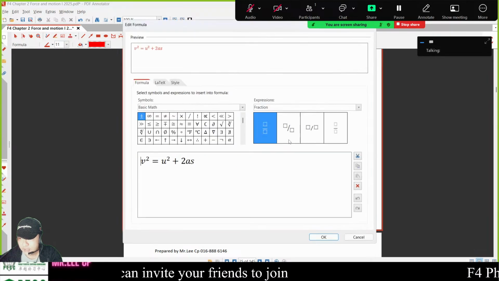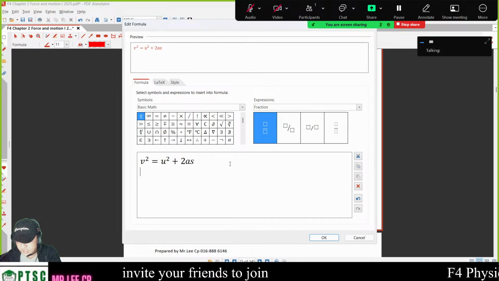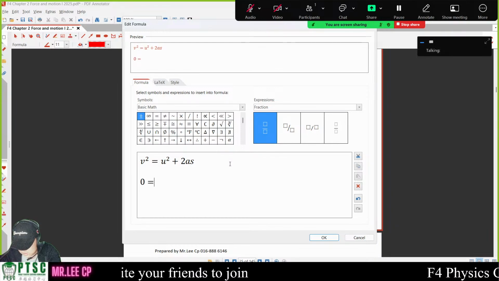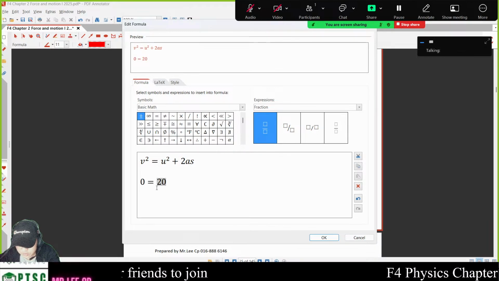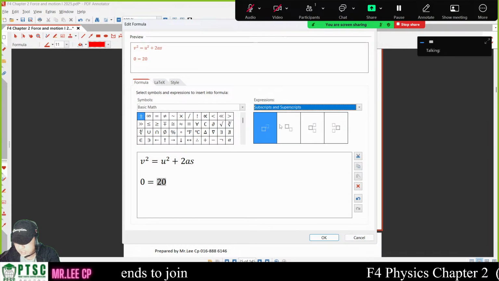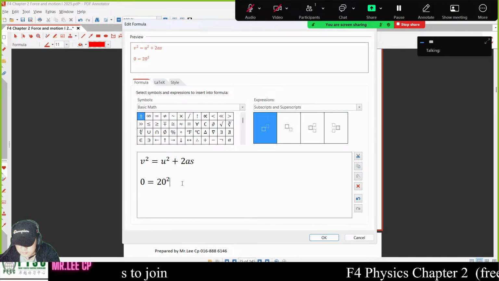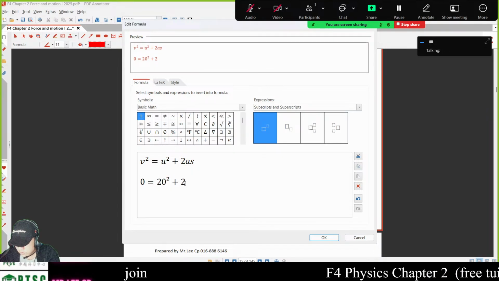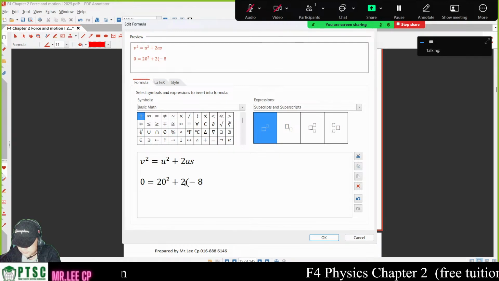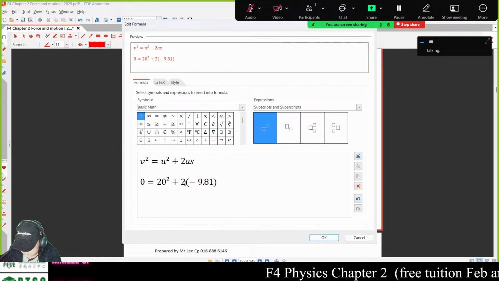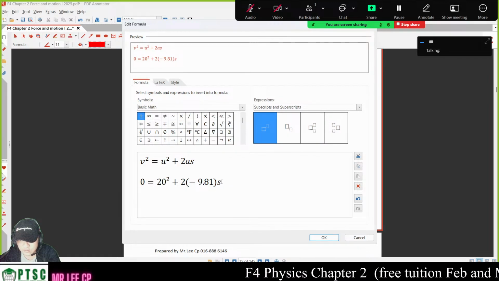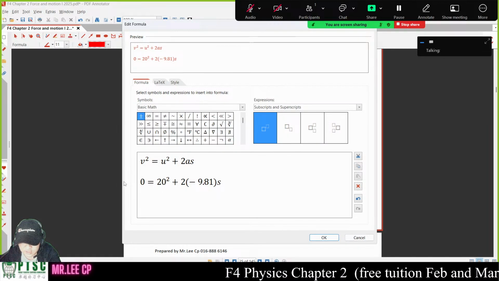Okay. V squared is equal to U squared plus 2AS. V squared, 0. U squared is 20 squared plus 2AS. A is negative 9.81. And then S, I don't have it. So now 20 squared, I bring it to here. Right?